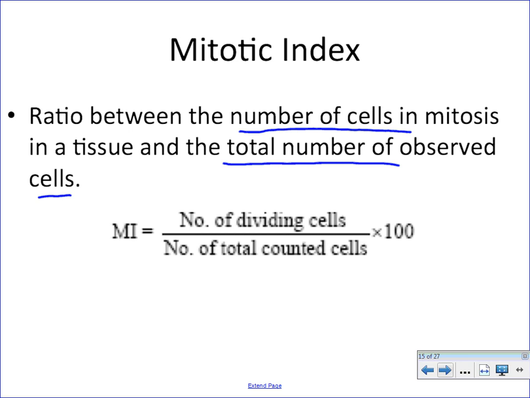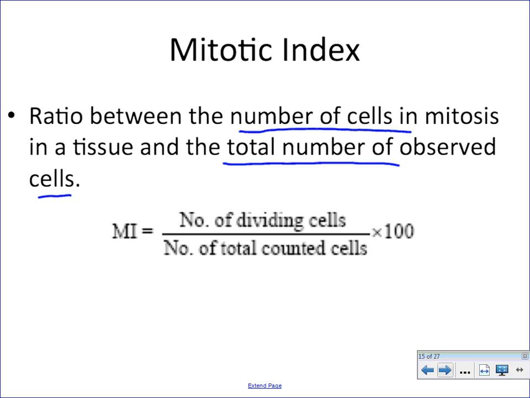So basically, it's the percentage of cells that are undergoing mitosis in a sample of cells. When you're viewing a tissue sample under a microscope, you're counting the number of cells that are in mitosis as a ratio to the total number of cells counted in that field of view.